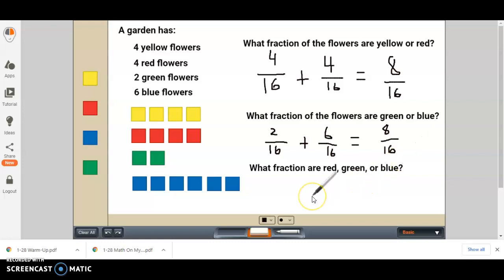Now finally, what fraction are red, green, or blue?